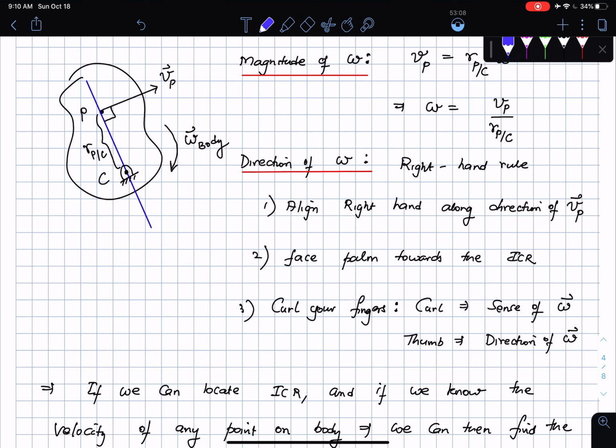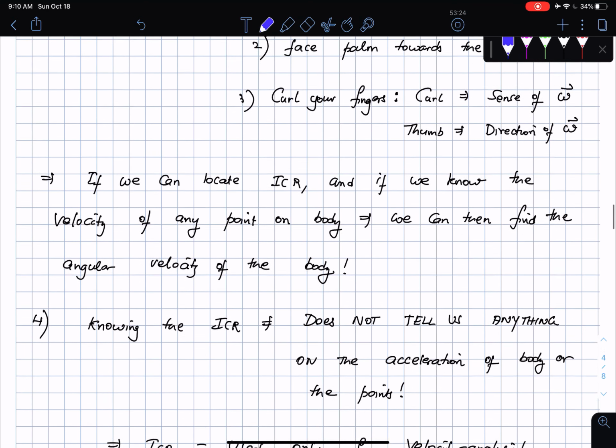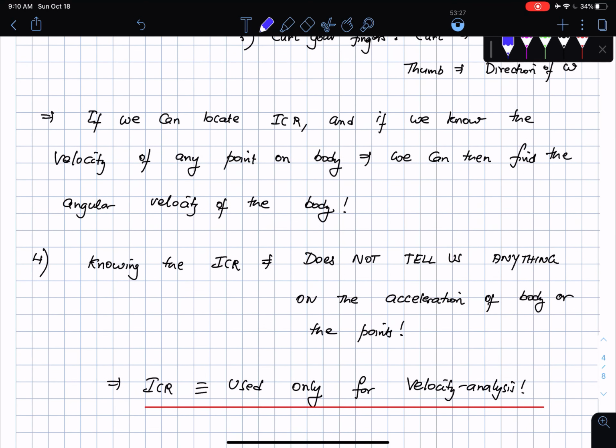Your palm is facing the ICR, the palm of your right hand. You curl your fingers. The curl of your fingers is a sense. The direction of the thumb is the direction of the rotation. In this case, it's pointing into the page, which is what we have drawn here in a clockwise sense. And so the idea is, if I can locate the ICR and if I know the velocity at any point in the body, I can find the angular velocity of the body.